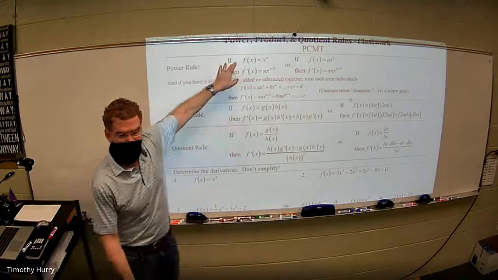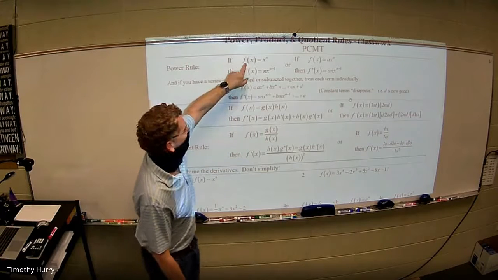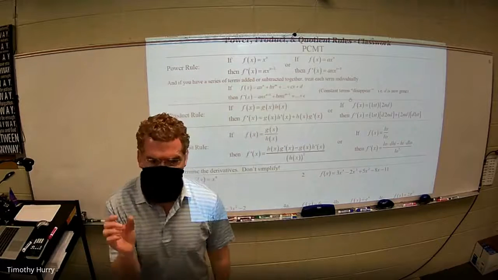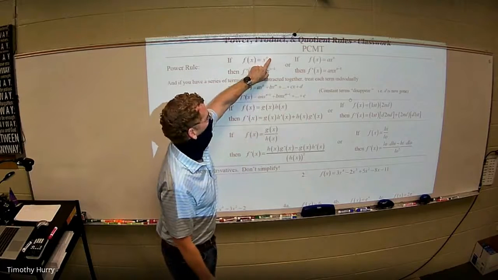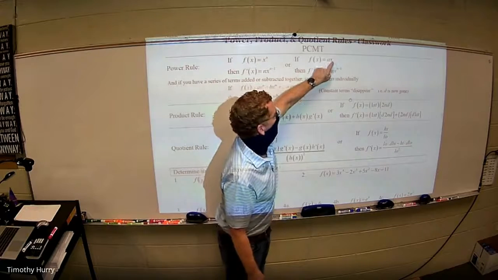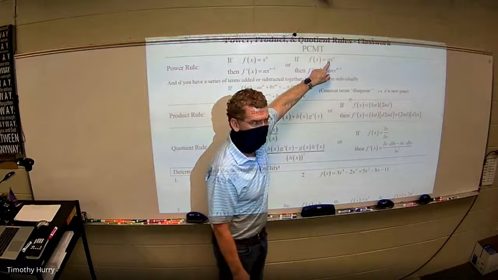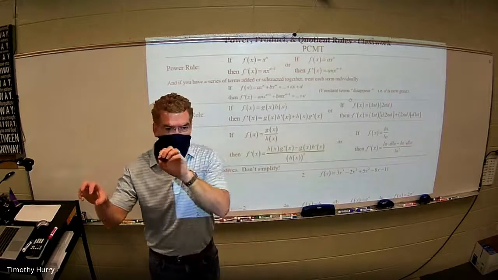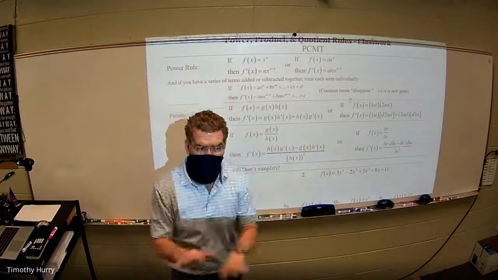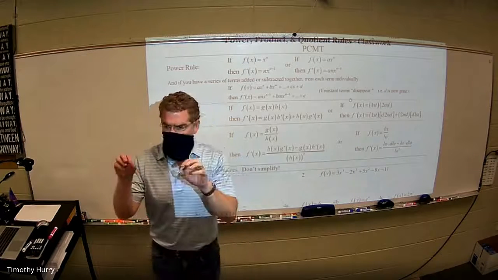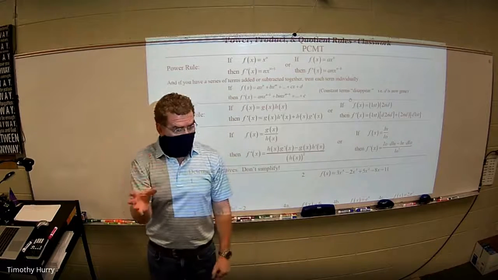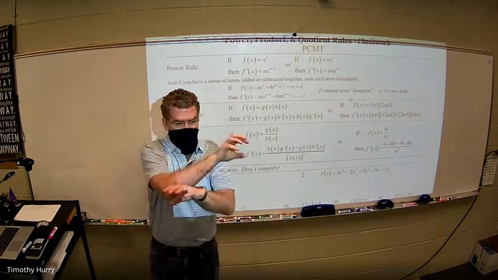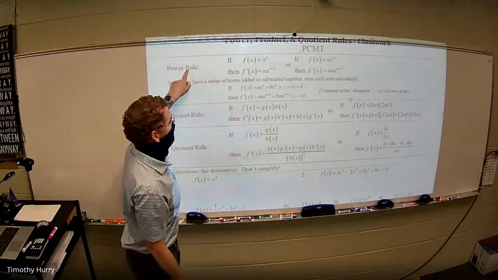Okay, I'm assuming most, if not all of you, are taking calculus. Okay, so we have y equals. If your function is nothing but an x raised to a power, or an x raised to a power with perhaps a coefficient in the front, and by the way, it could be a bunch of these added or subtracted together, not multiplied or divided, then you can use the power rule.